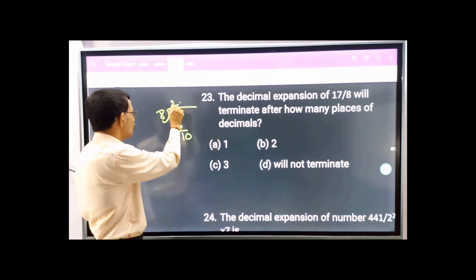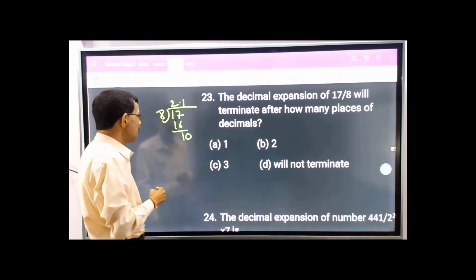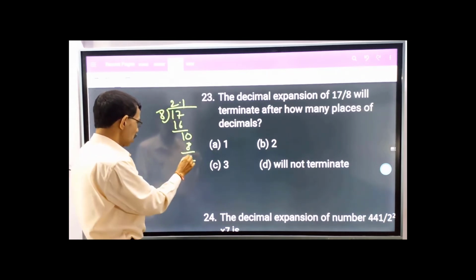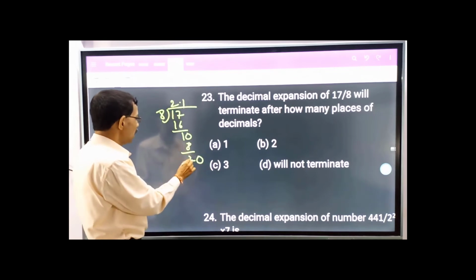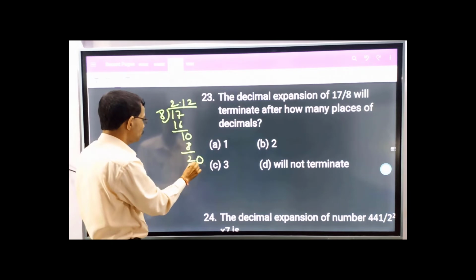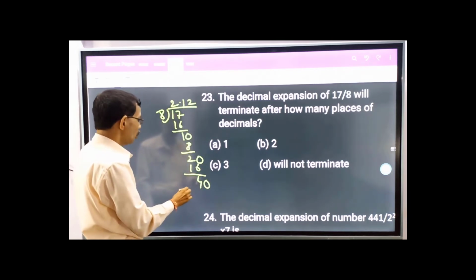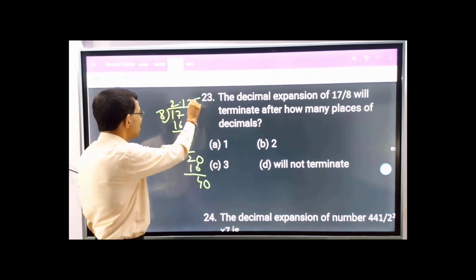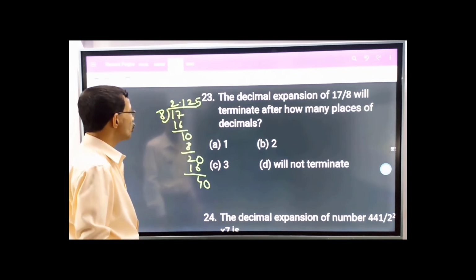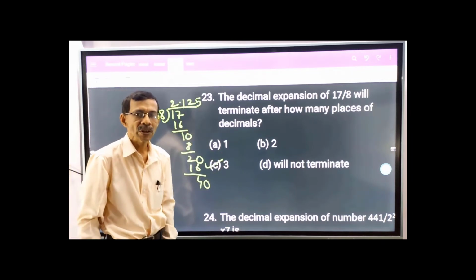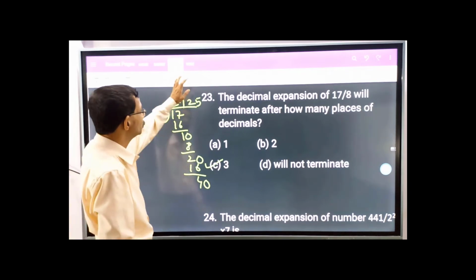Then 8 on the 8, there will be 2 over here, and 20, 8 twos are 16, so there will be 4 and 0, 8 fives are 40. So it is 2.125. So it will terminate after 3 decimal points.